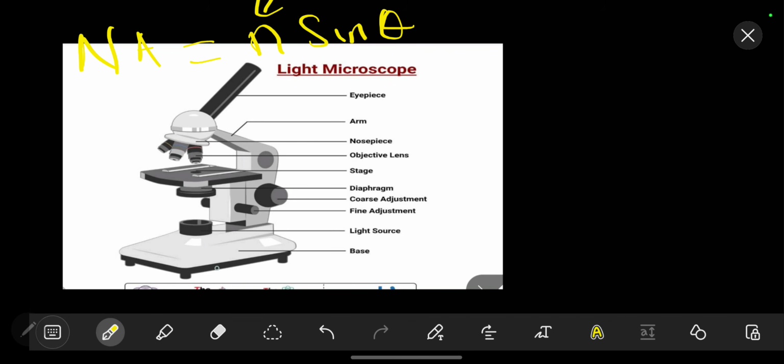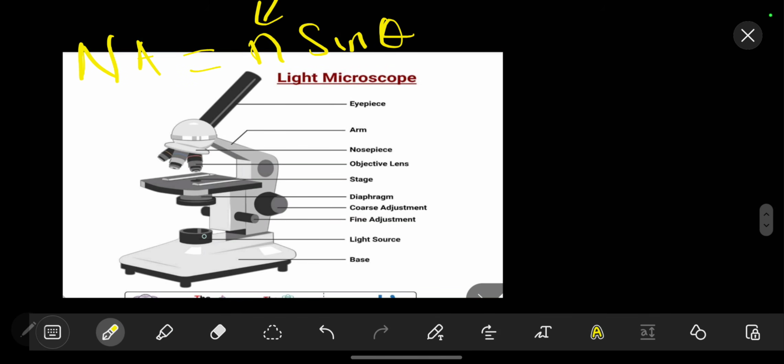Now remember, the refractive index of a material determines the numerical aperture. So let's imagine this is our microscope. As light is coming from here going up there, the tendency of light is that when a medium is changed, such as when it passes through the slide, here what we just have is air. So instead of the light rays bending so far, scientists will apply immersion oil at this point.